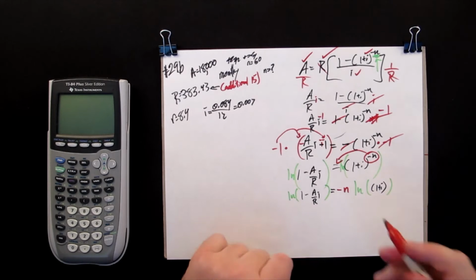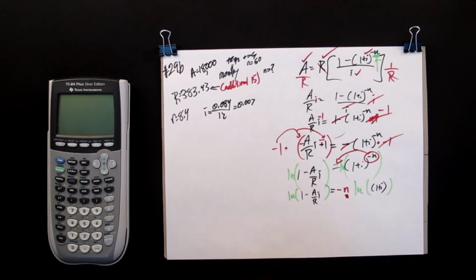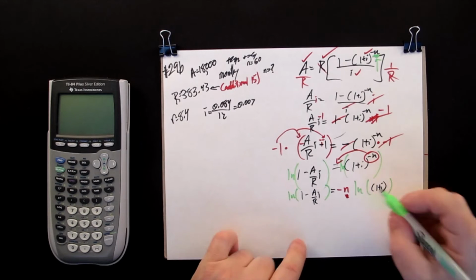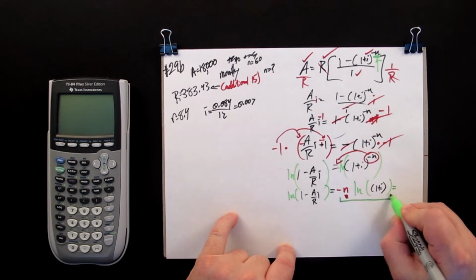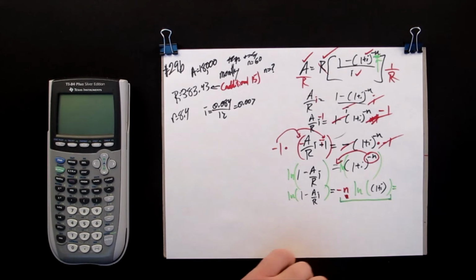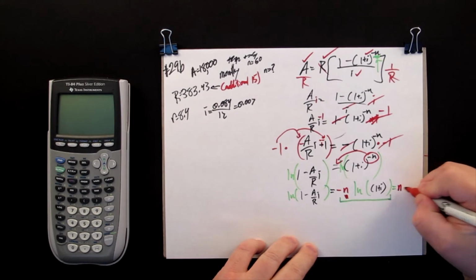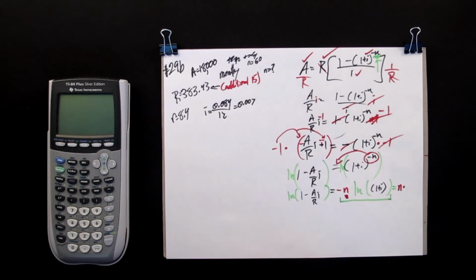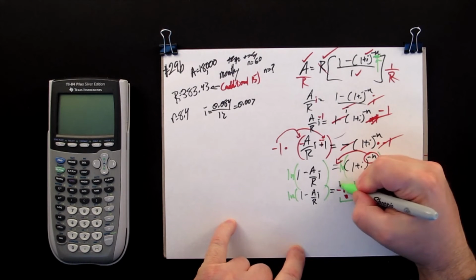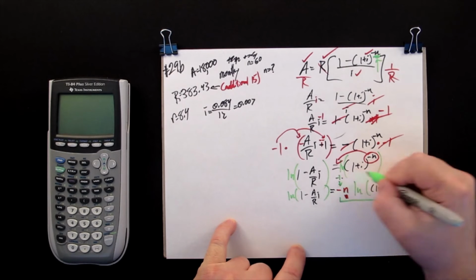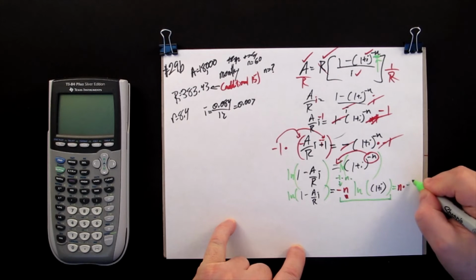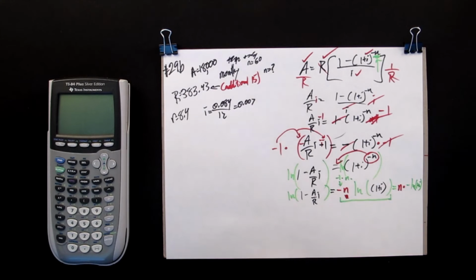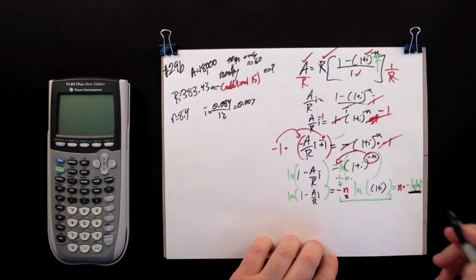Okay, now we need to solve for n. Want to realize that this part here can be written as follows. You can view this minus sign as minus 1 times n times the log. So this is n times minus the natural log of 1 plus I. Okay, the point is, that's a number.